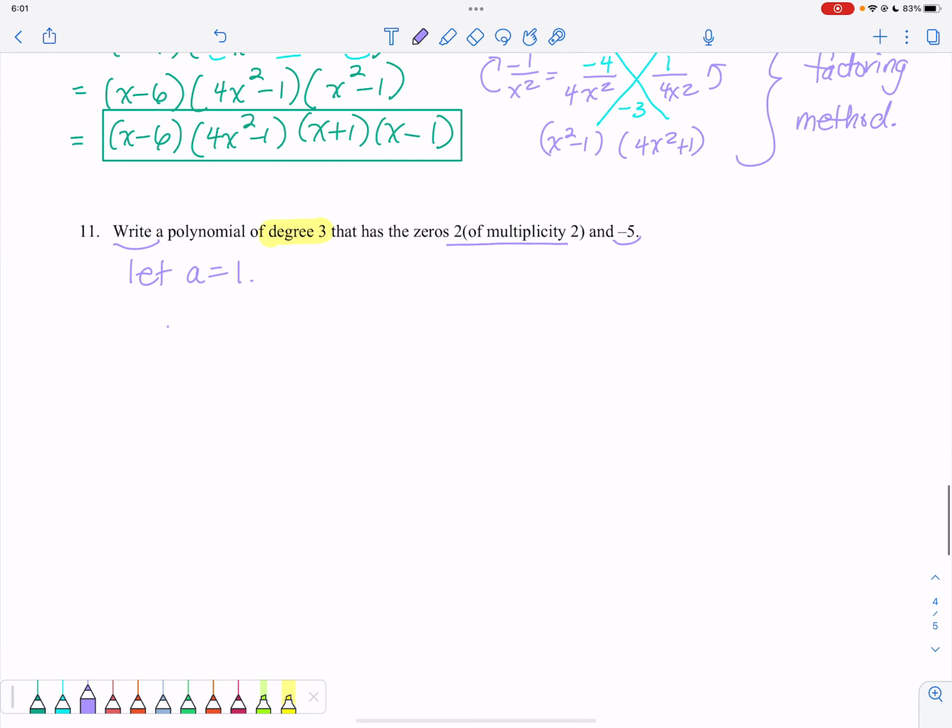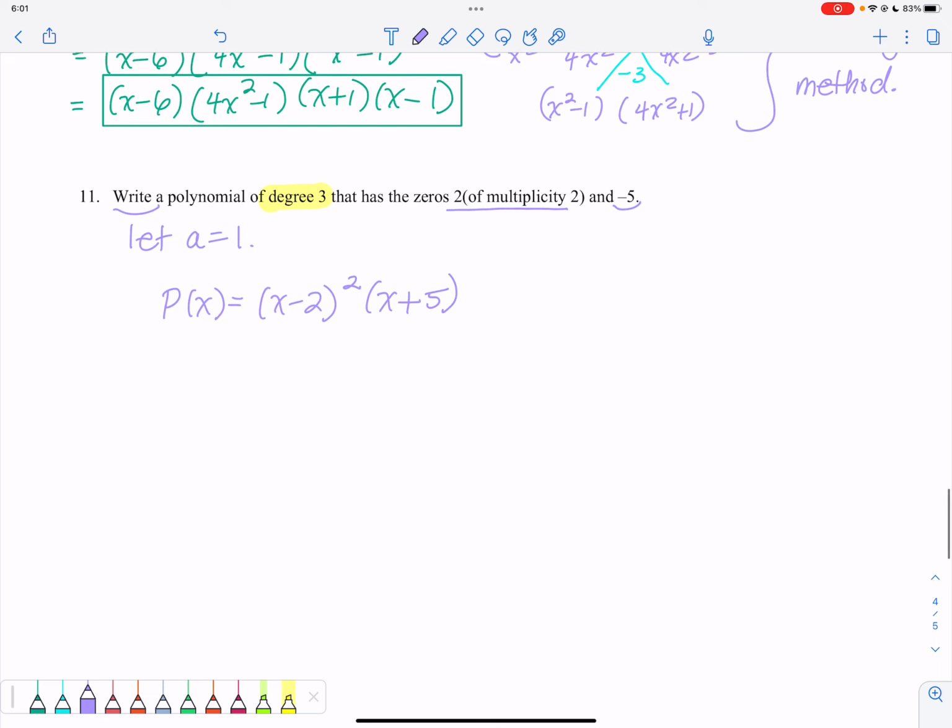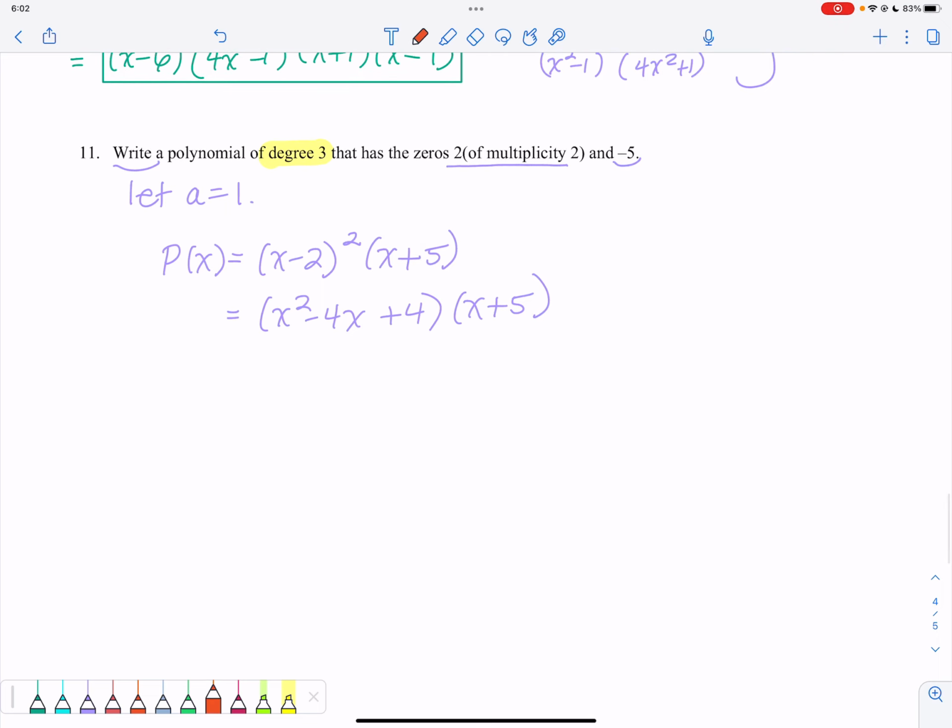So we can say p of x is equal to x minus 2 all squared, since our 0 of 2 has multiplicity of 2. And then x minus a negative 5 would give us x plus 5. So we need to multiply these together. Here we'll have x squared minus 4x plus 4, and then we have this binomial x plus 5. We'll distribute this x first, so we will have x cubed minus 4x squared plus 4x.